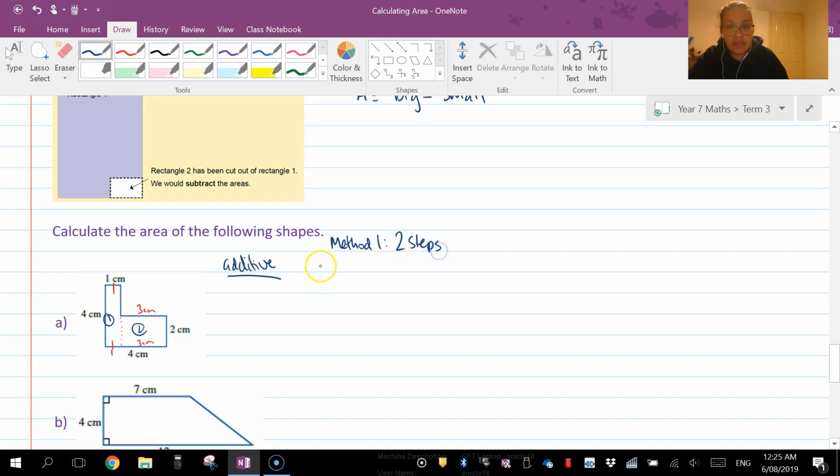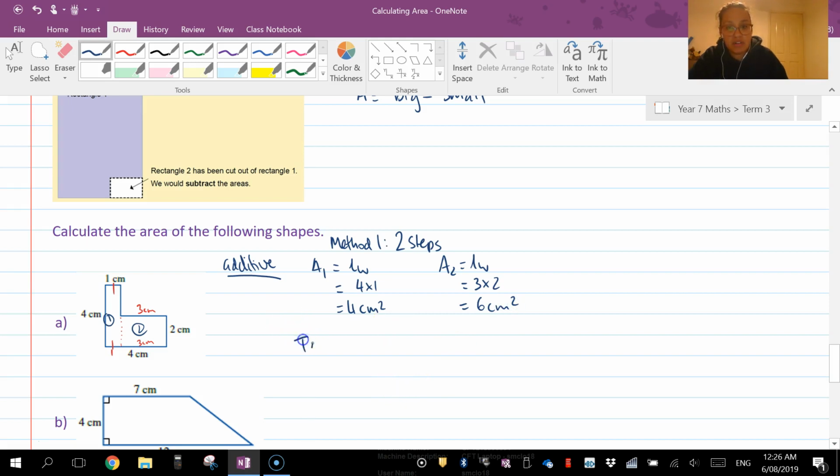You would find area 1 equals, a rectangle, length times width, that's 4 times 1 equals 4 centimeters squared. Then I would do area 2 equals length times width, so substituting these values in, 3 times 2 gives me 6 centimeters squared.